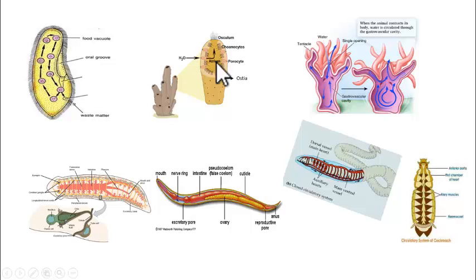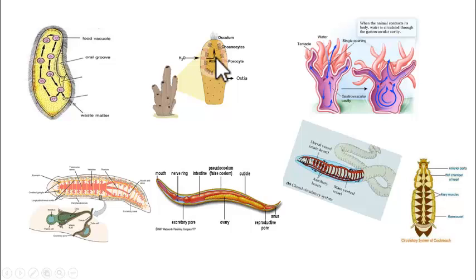Once the water enters into the body cavity, the cells inside the body wall, they absorb the food materials and release the waste materials. There are other types of cells which help in the circulation of this water because they have flagella. Right, there are flagellated cells which beat the water and put the water in circulation.